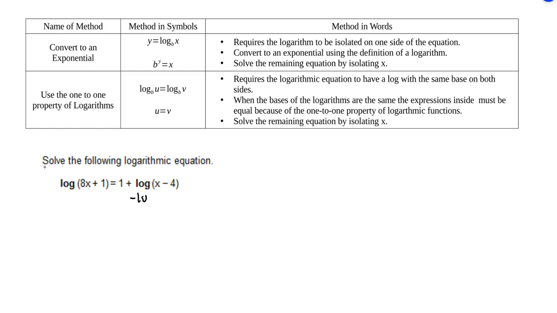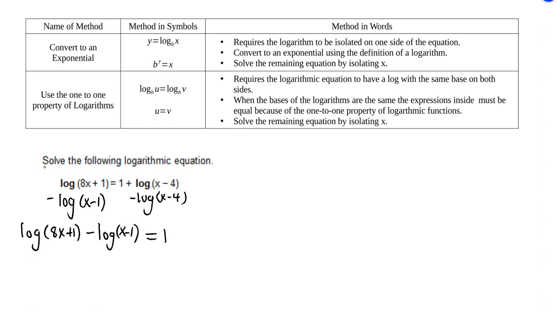I'm going to subtract log of x minus 4 on both sides of the equation. That leaves a 1 on the right. On the left, I have log of 8x plus 1 minus log of x minus 4.